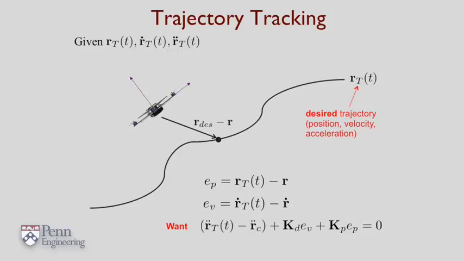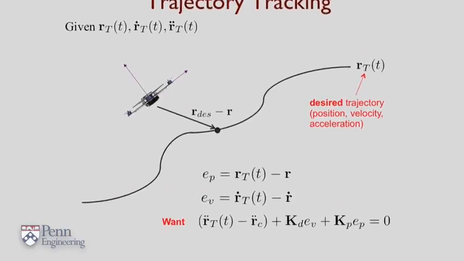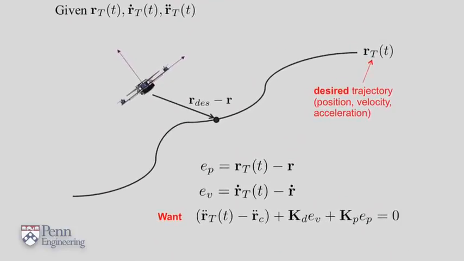As we've seen before, if you take the error term and make it obey a second-order linear differential equation with positive coefficients, you're guaranteed that the error goes exponentially to 0. So we command an acceleration which forces this error term to obey the second-order differential equation that you see at the bottom.